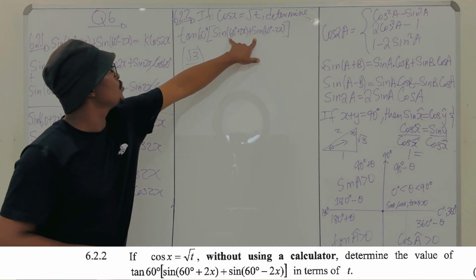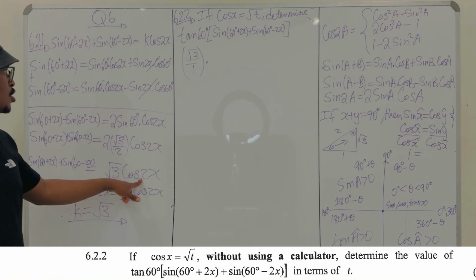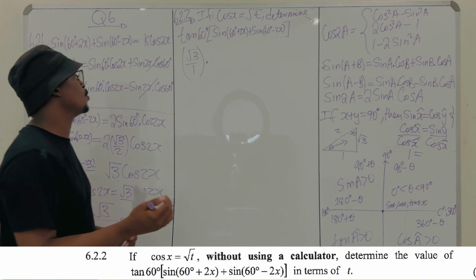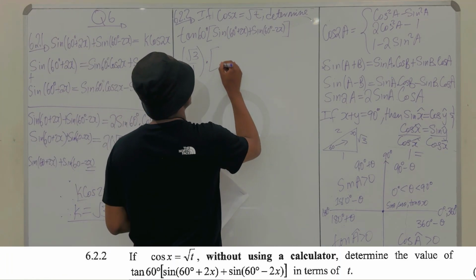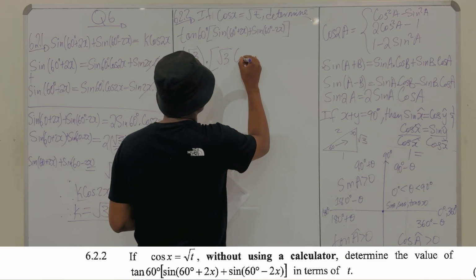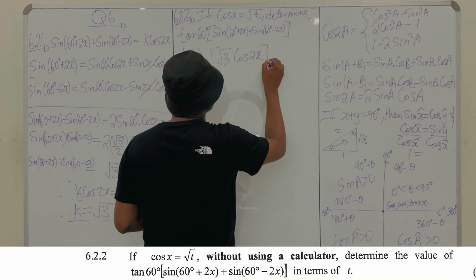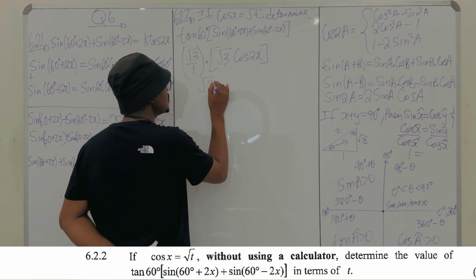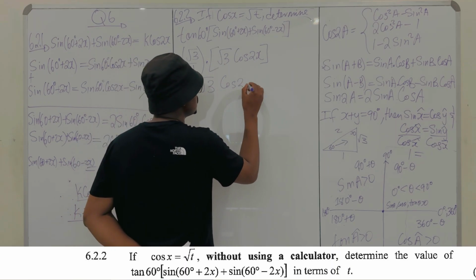Because this, we simplified it to become this. So in the place of this big thing, we can just put that root 3 cos 2x. So it will be root 3 cos 2x, right? So what do we do? Multiply out. This time this will be root 3 cos 2x.